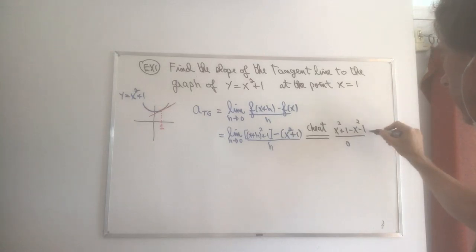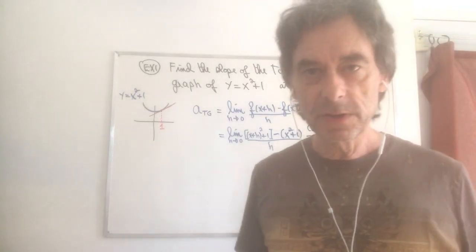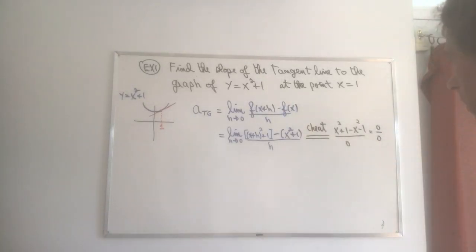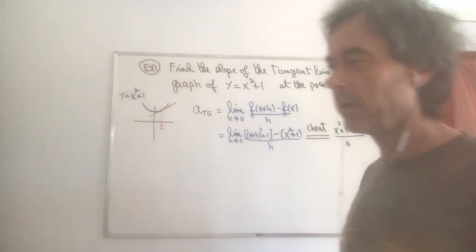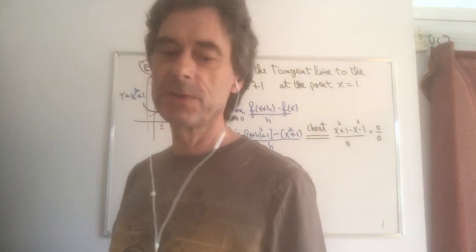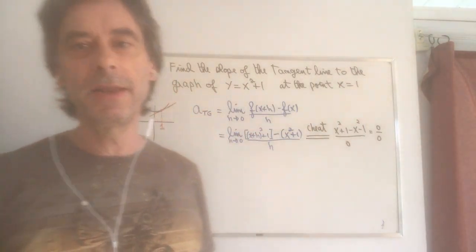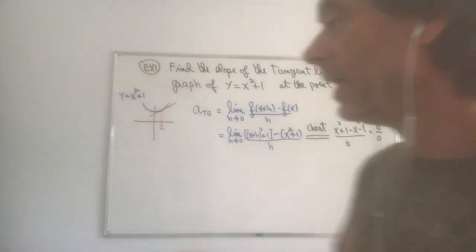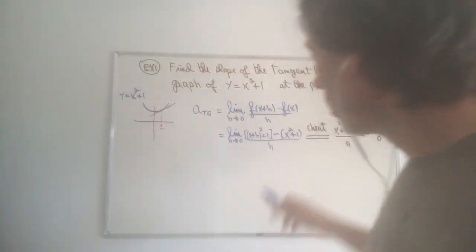Well, look at that. An old friend of ours, or an old foe, depending on your perspective. Here's 0 over 0. What do we call 0 over 0? Yes, undetermined or indeterminate. Absolutely. So we have to remove the indetermination.